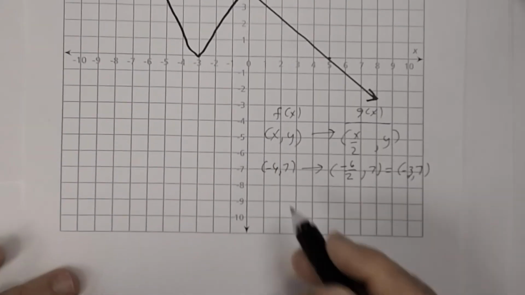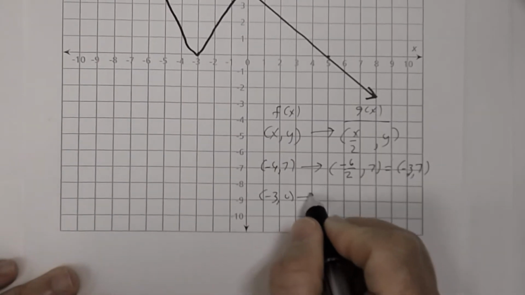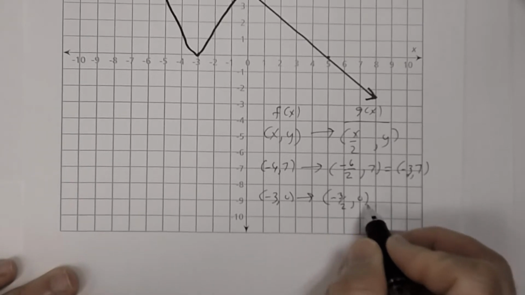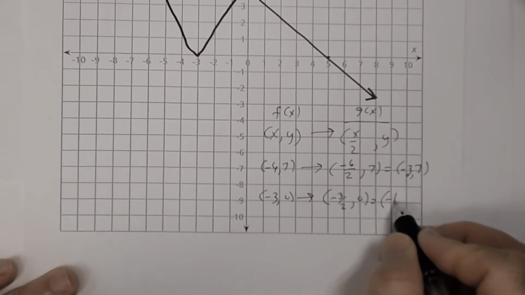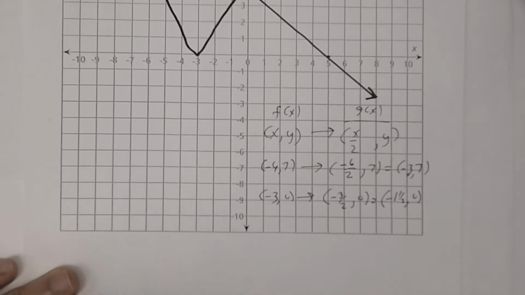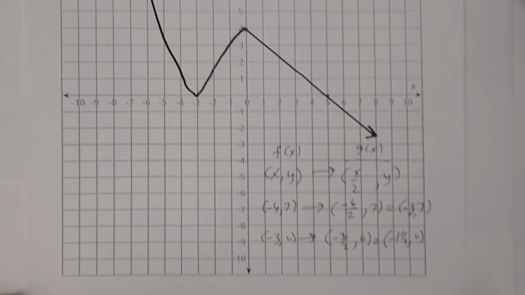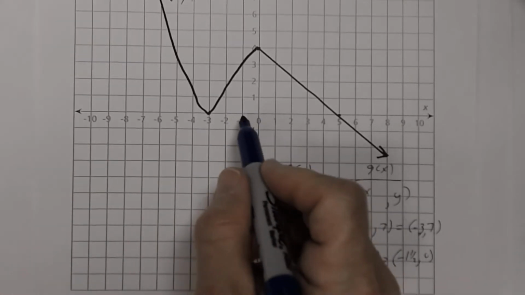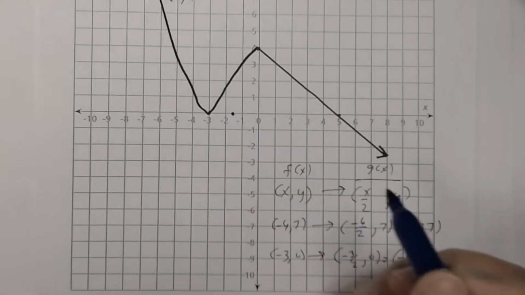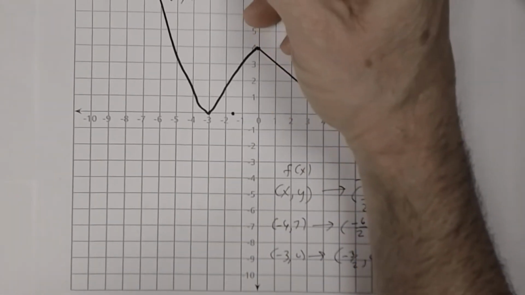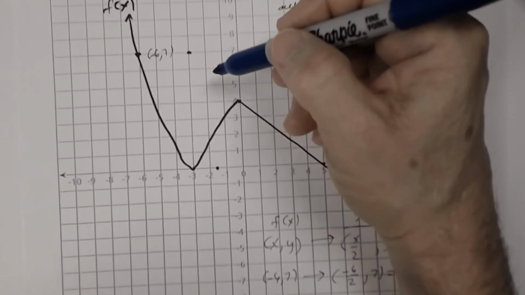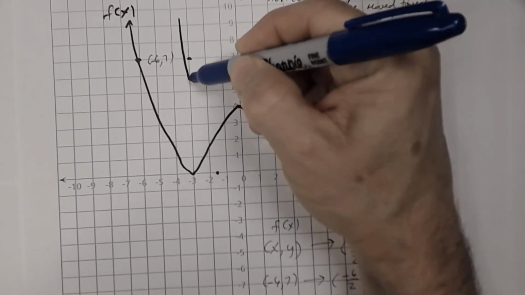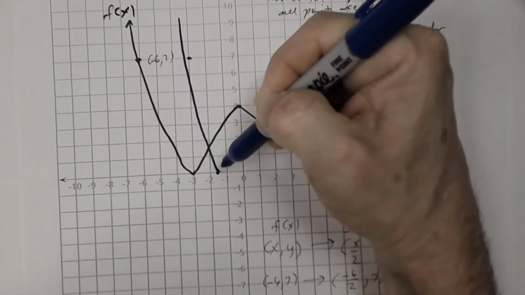So (-3, 0) becomes (-3 divided by 2, 0), which is (-1 and 1/2, 0). Negative 1 and 1/2 is about here. Then let's just do the best we can with the curve. This is a curve, so do the best you can. It looks something like this, let's say.